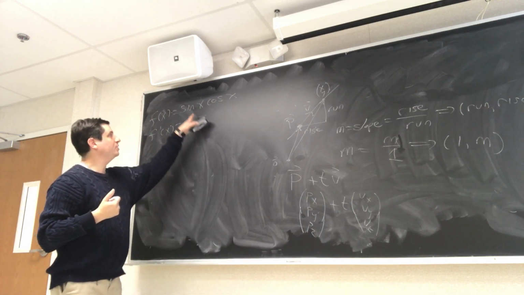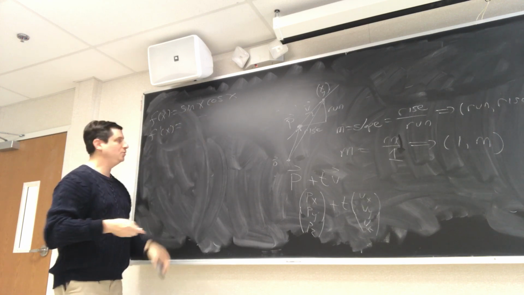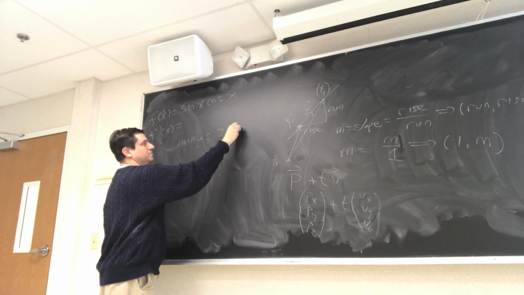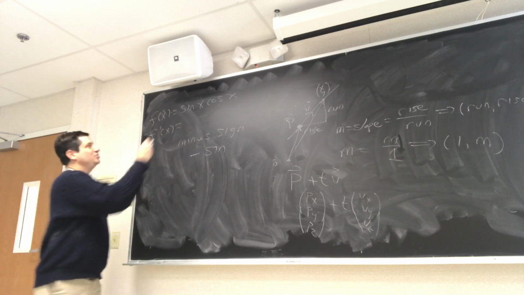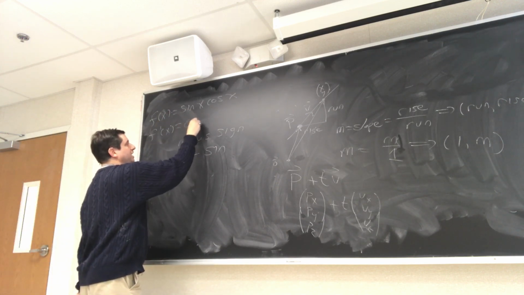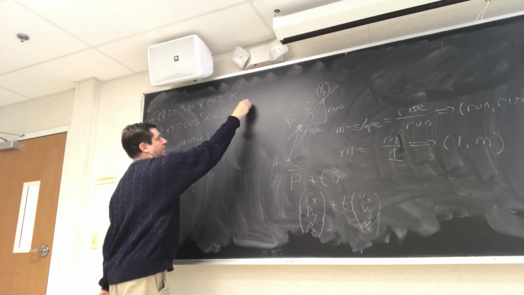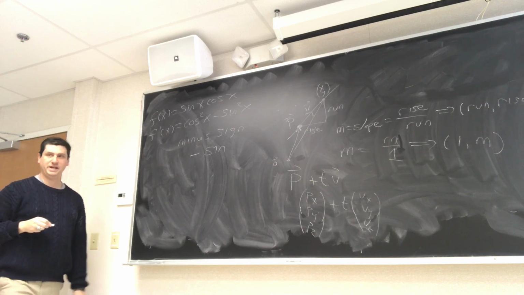Product rule. So what's the derivative of sine? And the derivative of cosine? Negative sine. And the way you remember that is you have to remember which one gets the minus sine. Taking the derivatives, okay? So derivative of sine is cosine, so you get cosine squared x minus sine squared x. So that's the derivative of sine x cosine x.